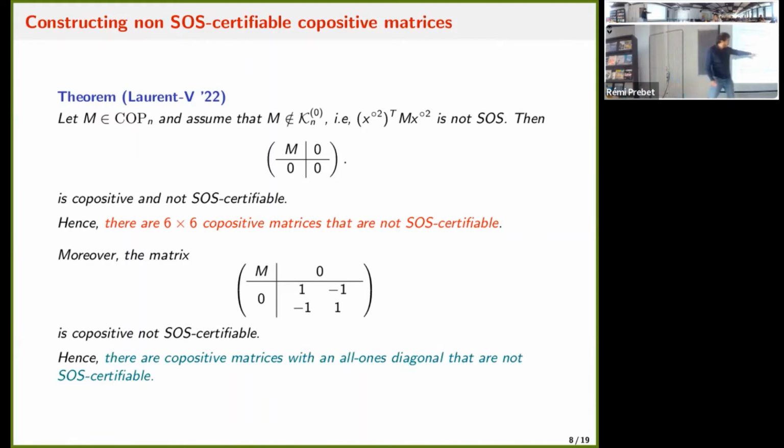If you take H, the Horn matrix, it is a 7x7 copositive matrix with all ones diagonal, which is not SOS certifiable. So such a general result does not hold. So for showing that Mg is SOS certifiable, we need something else, because there are copositive matrices which are not SOS certifiable, even with an all ones diagonal.